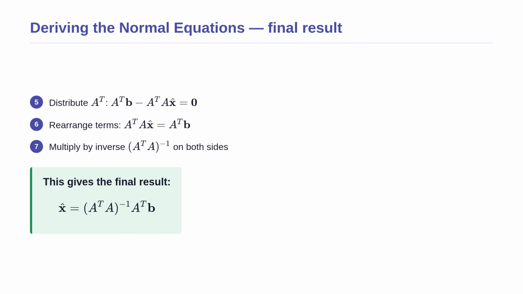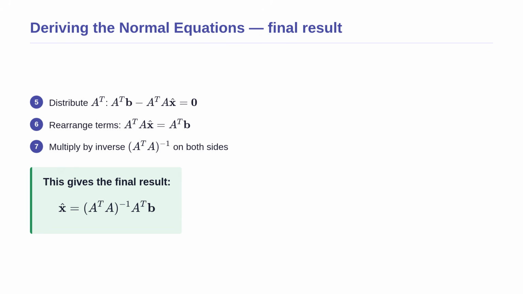Continuing our derivation, we distribute the A transpose term into the parentheses. This is just basic algebra expansion, setting the stage to isolate our unknown variable x hat. We move the negative term to the other side of the equal sign, arriving at the famous normal equations. This transforms our unsolvable system into a new solvable system.